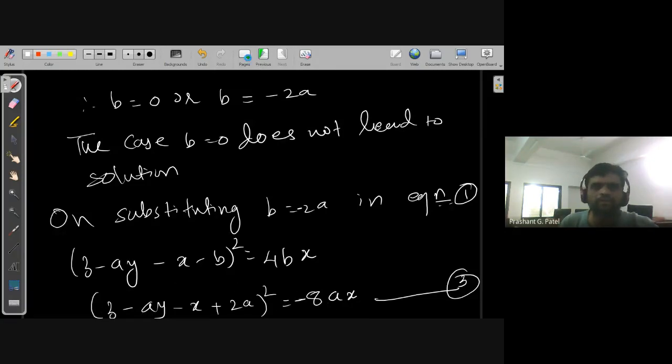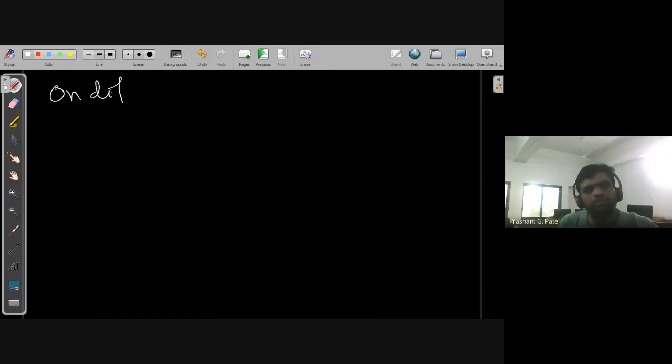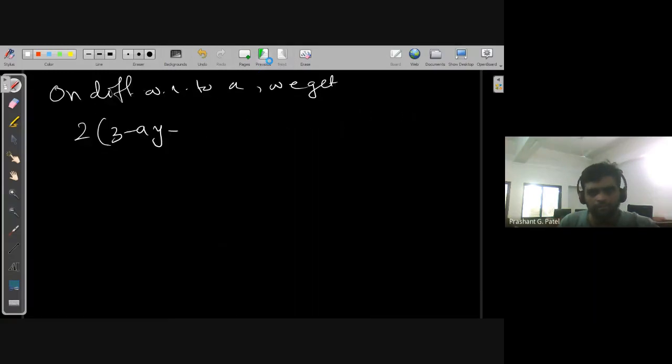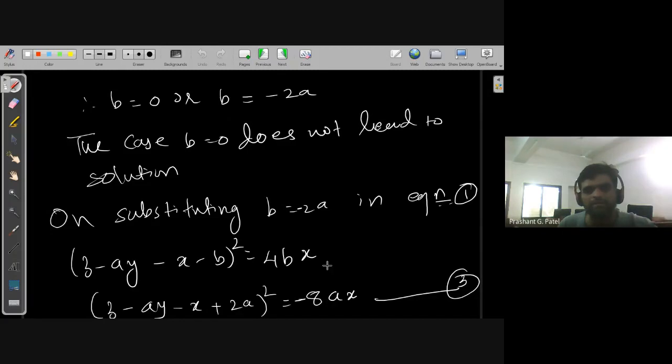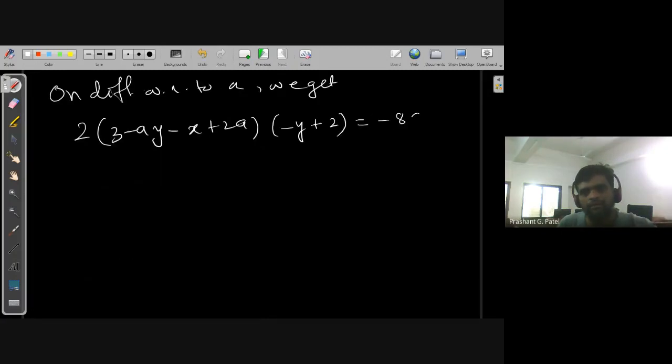On differentiating with respect to a, we get 2 times this whole quantity, that is (z minus ay minus x plus 2a) into the derivative of this term, that is minus y plus 2, is equal to, on the other side, minus 8a. Just see that 2 gets cancelled and we are left with 4.